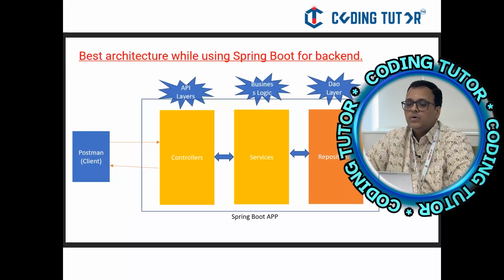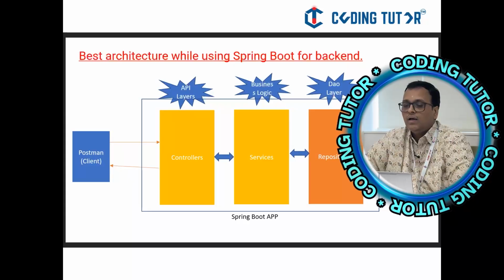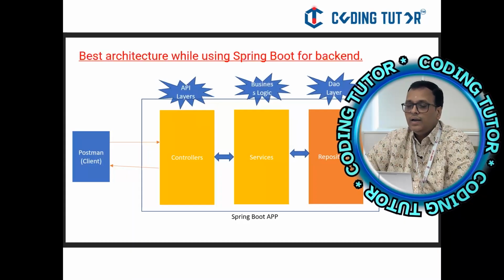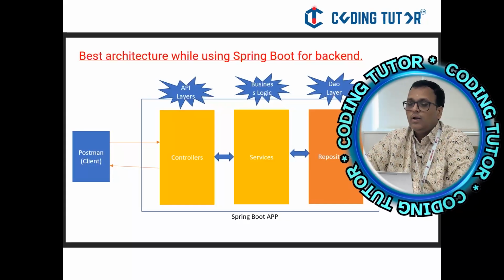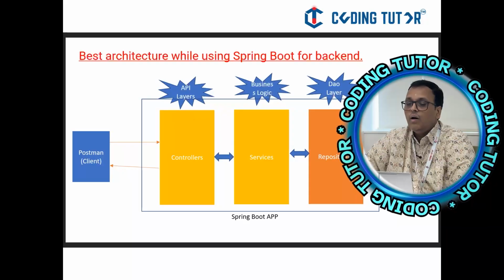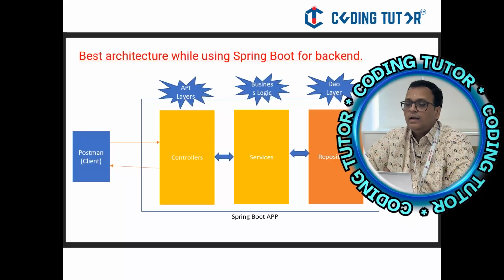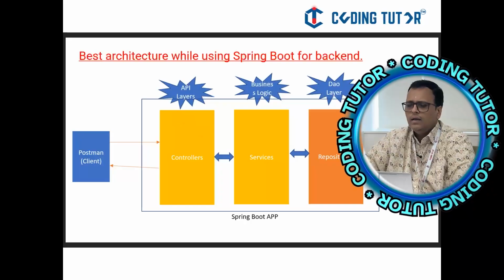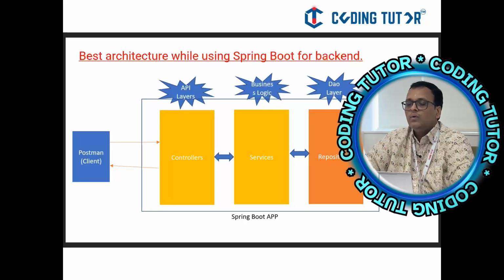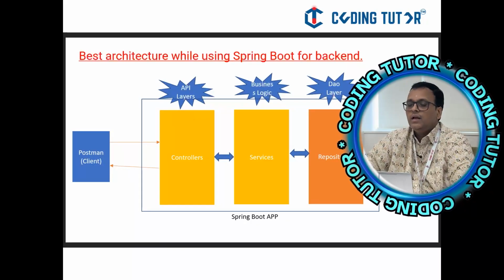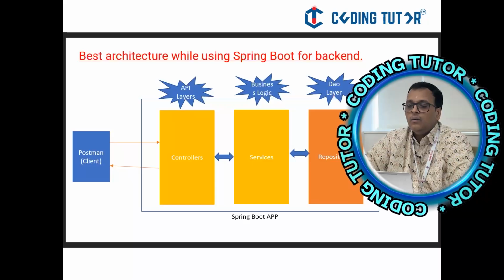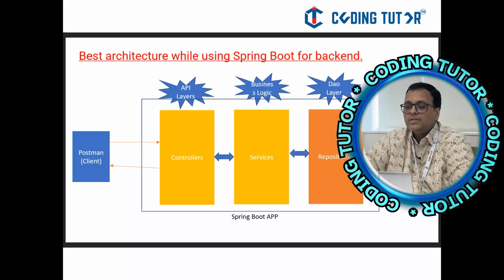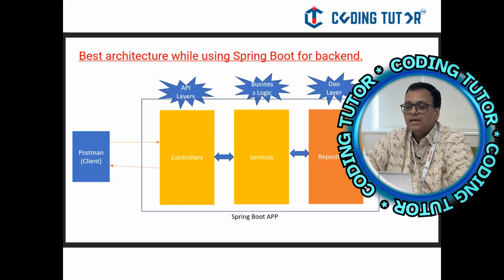Now, observe that we are developing three different layers here. One is the repository layer, which we can call the persistent layer. Using the repository layer, we can store the information in the database. Now, what is the business logic? The business layer we can call the service layer.